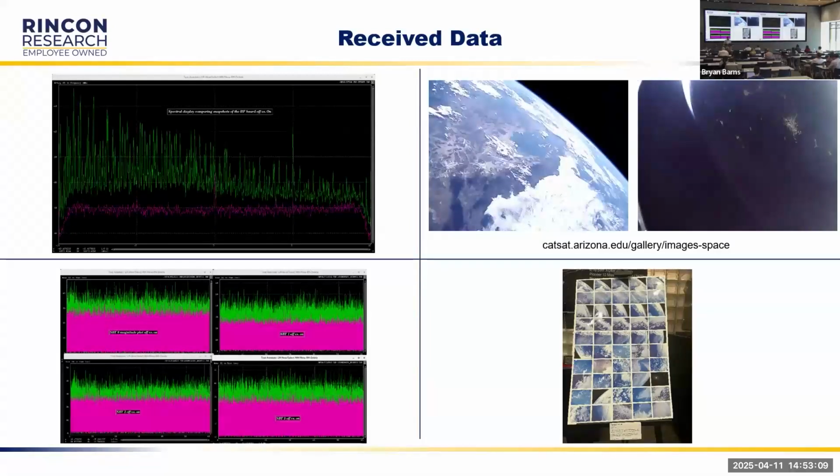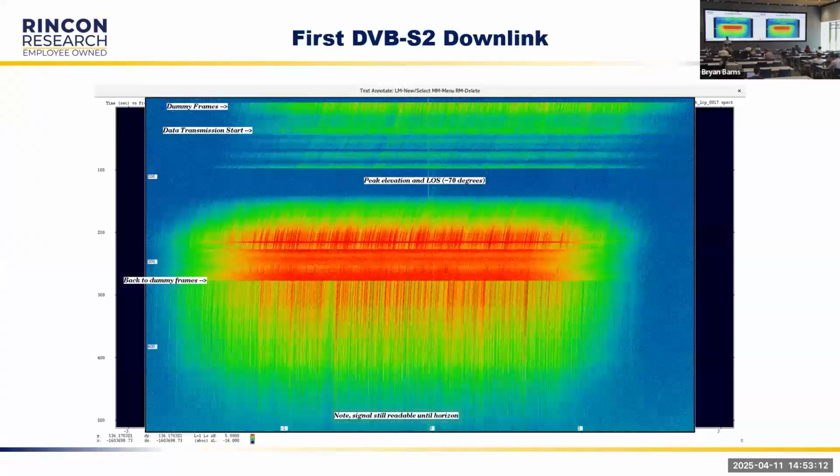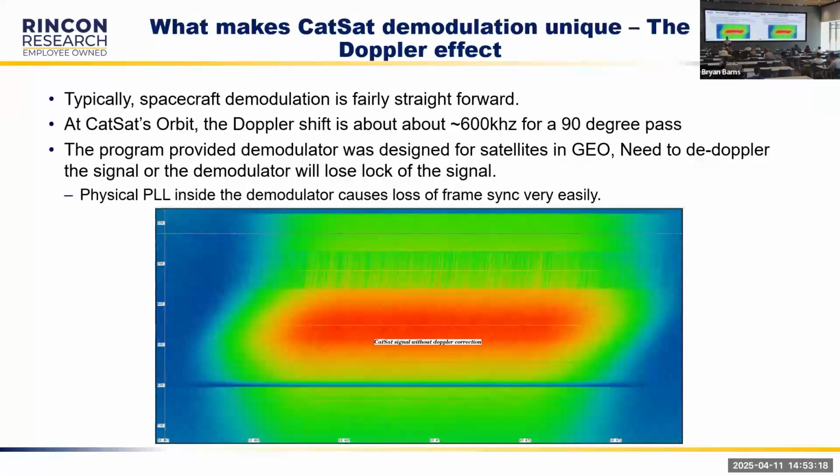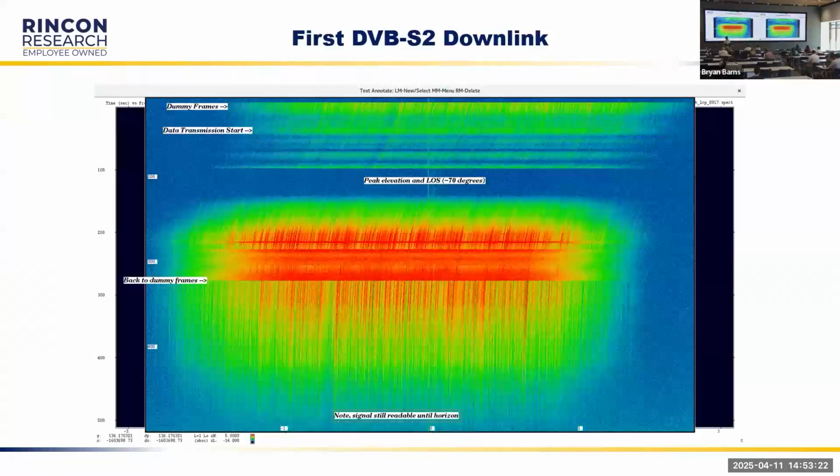But we've also come a very long way from where we first started. This was our very first DVB-S2 link, and if you go to the one that I see, it's a lot cleaner, right? By this point, my job's done, and it's the commanding team's job to say, I'm not really seeing it.